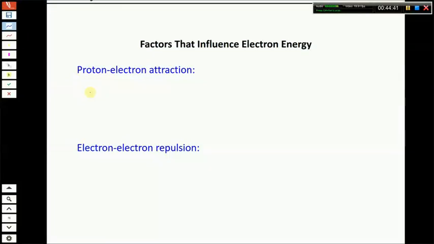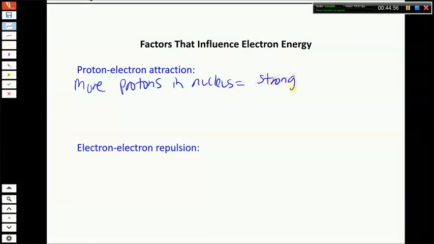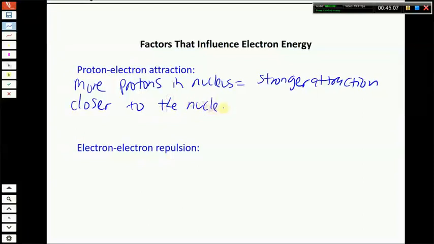So one is you have proton-electron attraction. The more protons you have in the nucleus, this gives you a stronger attraction to the nucleus, or being closer to the nucleus also gives you a stronger attraction to the nucleus.